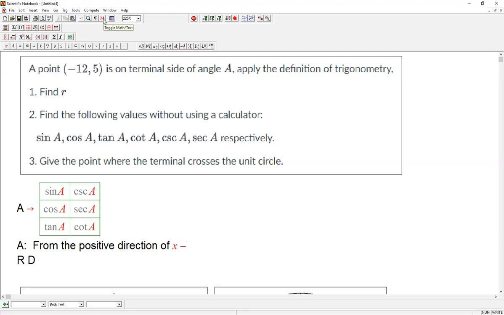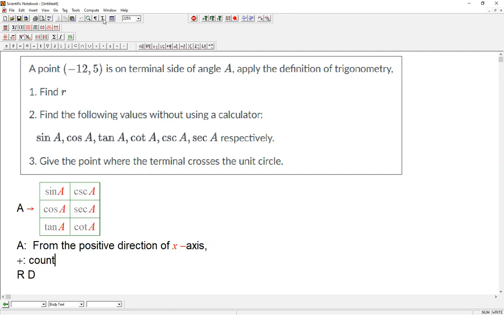These 3 items are the most important thing. And how are they related to this quiz? Positive direction of the x-axis: a positive angle is measured counterclockwise.